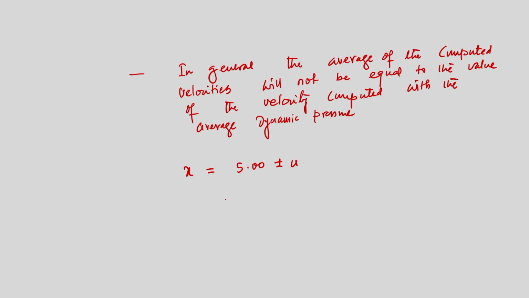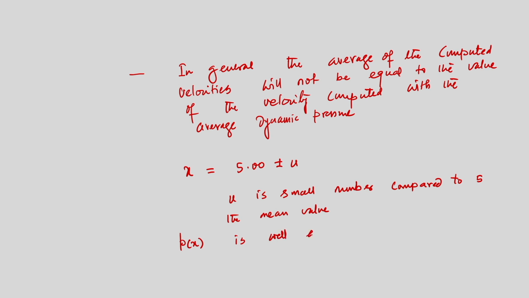Now, if we assume that u is a small number compared to 5, the mean value, so if the uncertainty is very small, then we also can assume that the probability density function P(x) is well approximated by the normal probability distribution.